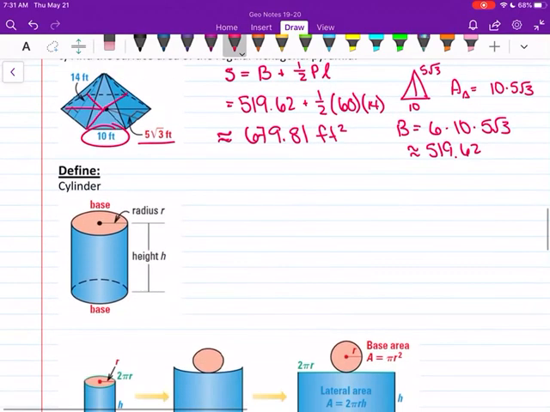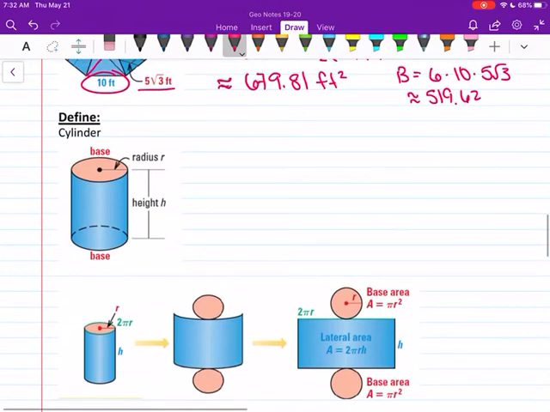Okay, our next shape that we're going to talk about is a cylinder. Cylinders are kind of nice because when I deconstruct a cylinder, well, it's similar to a prism, though not really a prism because a prism uses polygons. The top and the bottom, my bases, are circular, and then I have just a single side that connects them.